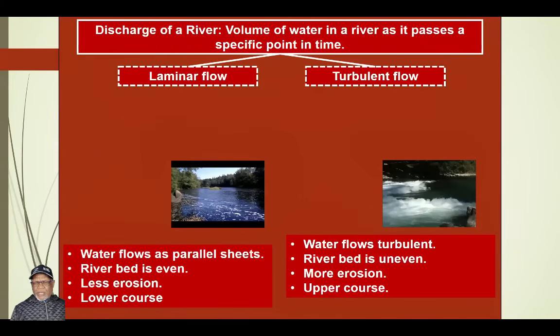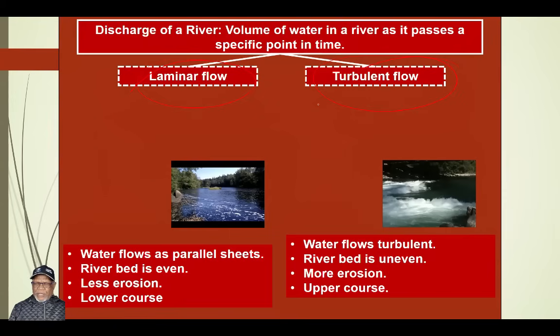And then what we see again is that a river can flow in two ways: in a gentle surface or in an uneven surface.